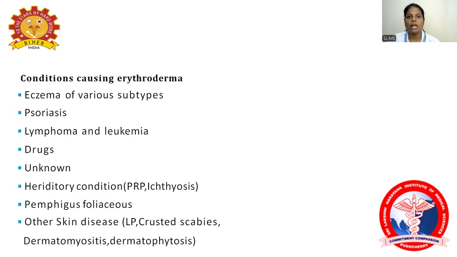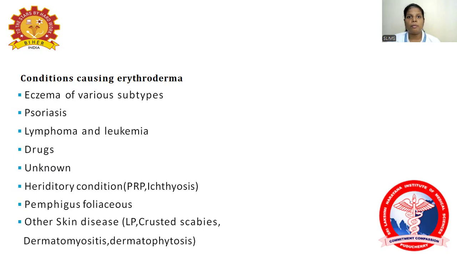A for atopic dermatitis and autoimmune conditions like SLE, pemphigus foliaceus, paraneoplastic pemphigus, lichen planus. L for lymphoma, leukemias, other carcinomas, malignancy conditions that can lead to erythroderma, and P for psoriasis. This is a mnemonic to remember the causes of erythroderma, SCALP.